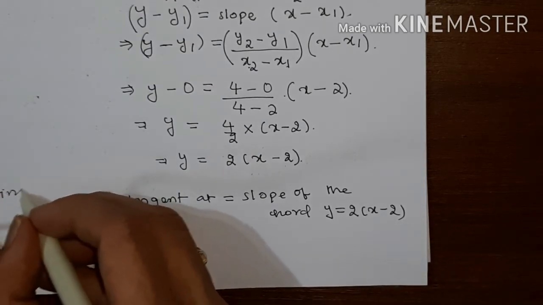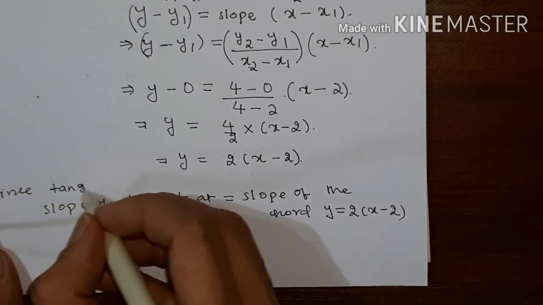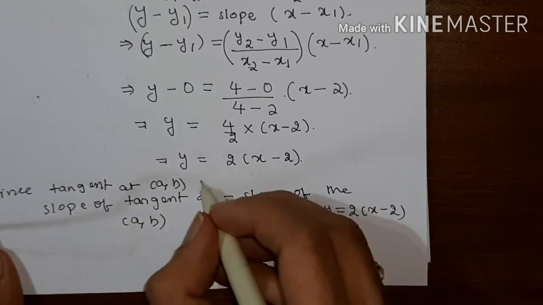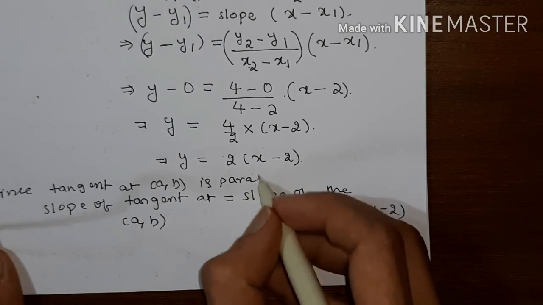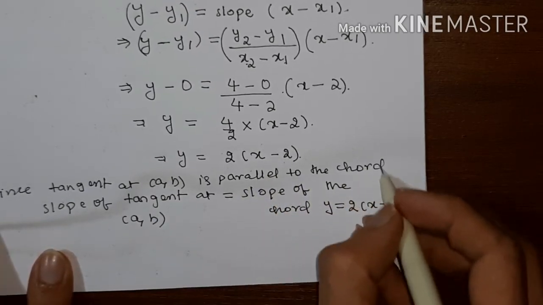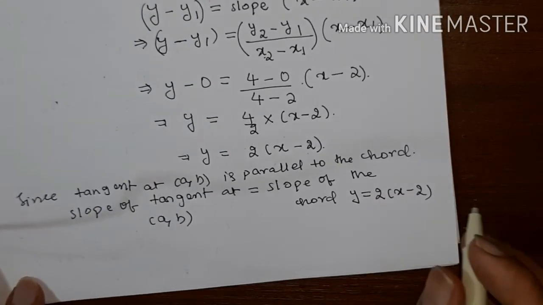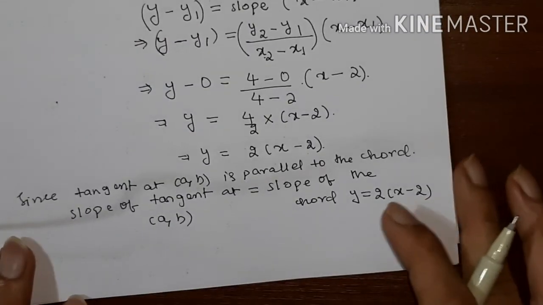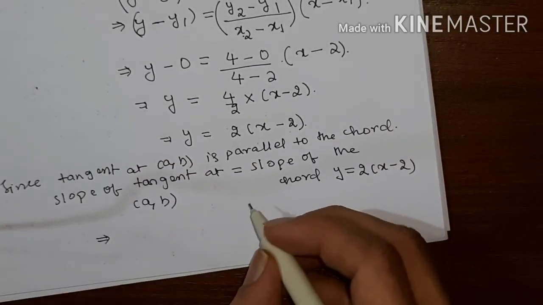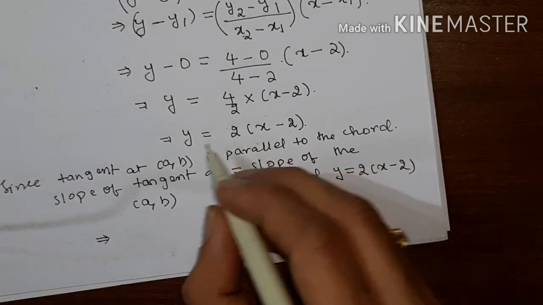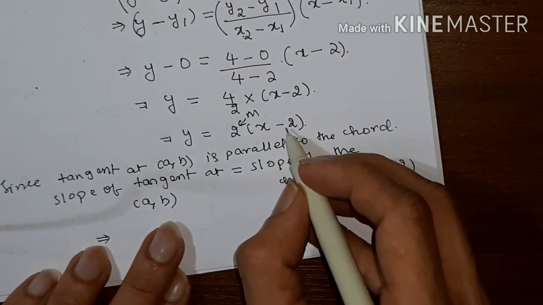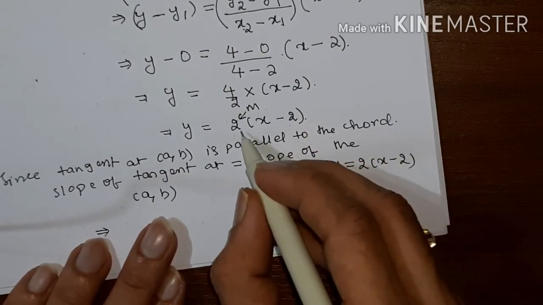Since the tangent at a comma b is parallel to the chord, what is the slope?